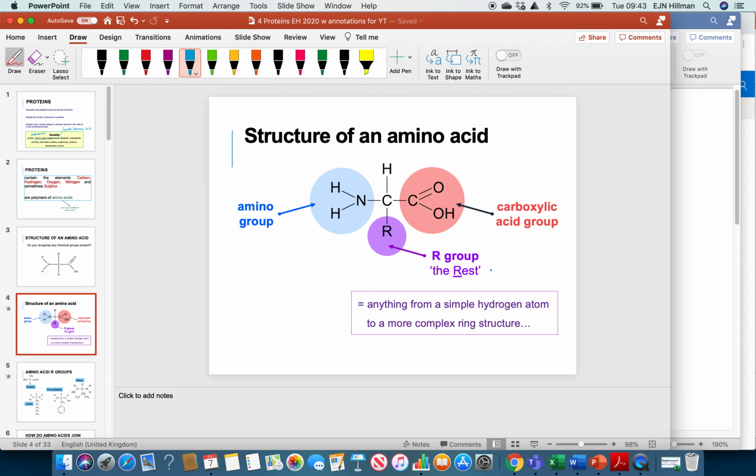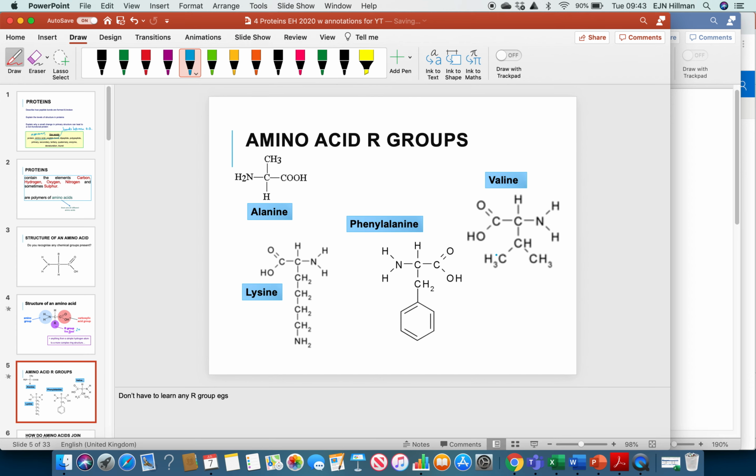So that R group, which is all of the other things, there are obviously 20 of them, as we said before, and they could range from a simple hydrogen atom up to much more complex ring structures. So here are some examples. It's not necessary to remember all 20 R groups. In fact, you don't need to remember any of them. If in an exam question you are asked about any of these, you'll be given the information.